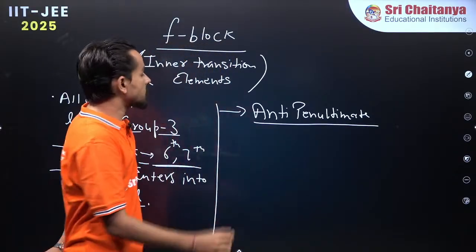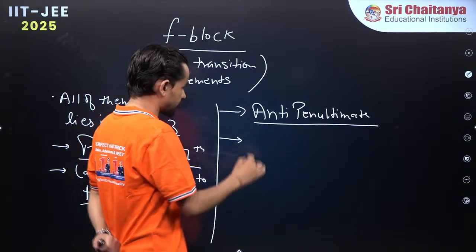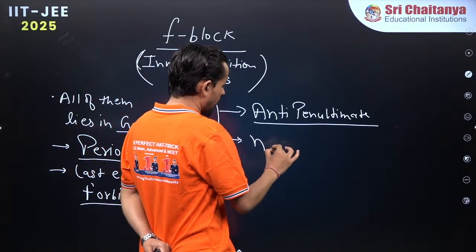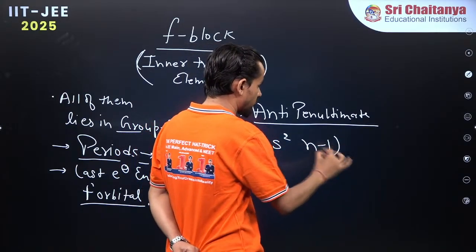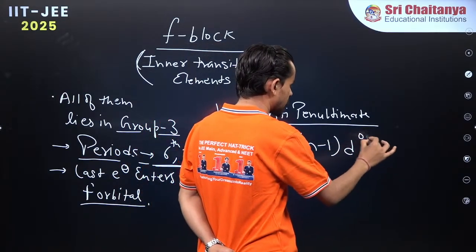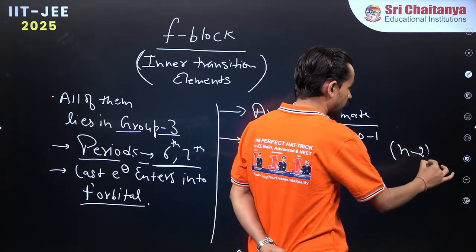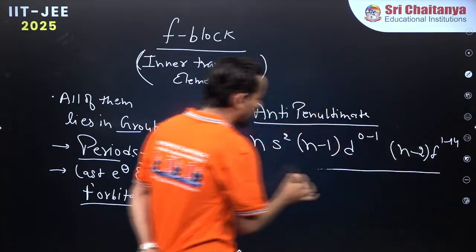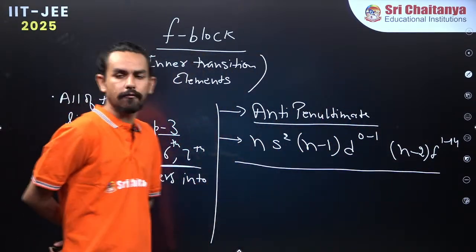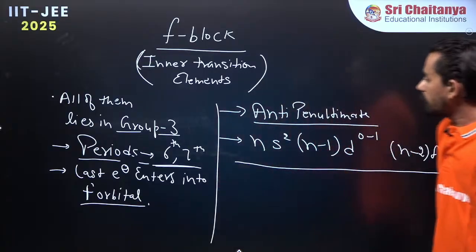So f orbitals are always anti-penultimate. What we can write about this is ns2, (n-1)d 0 to 1 and (n-2)f 1 to 14. This is the general configuration for any of the f block elements. This is all about f block.